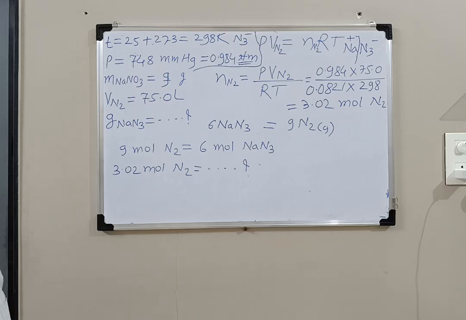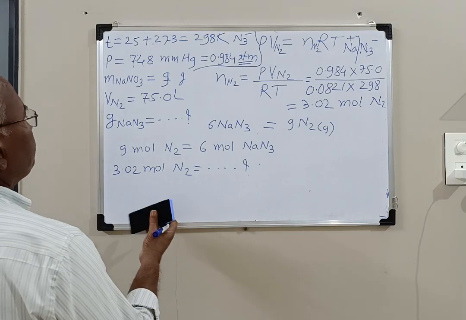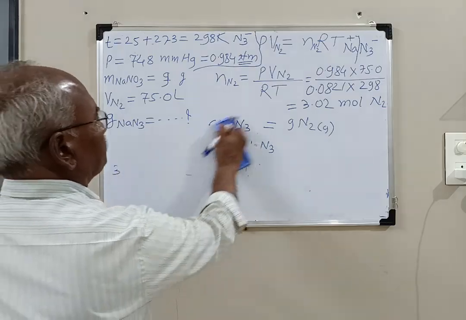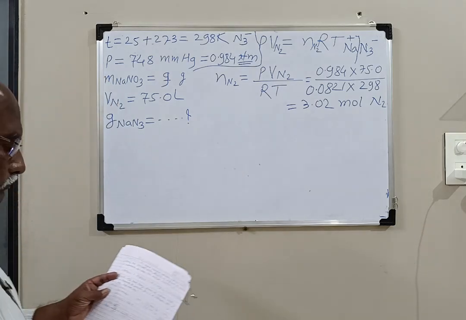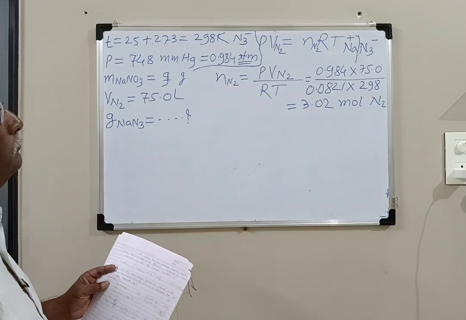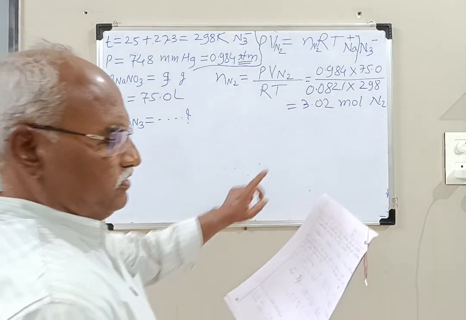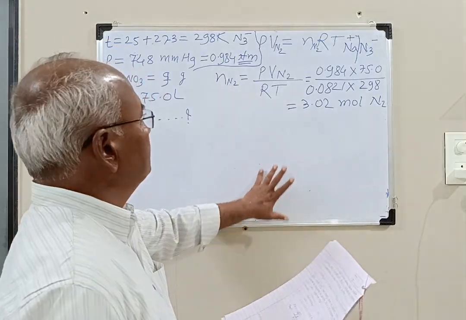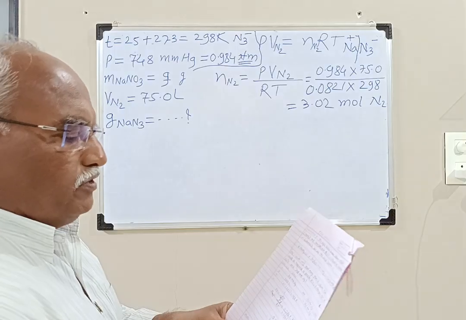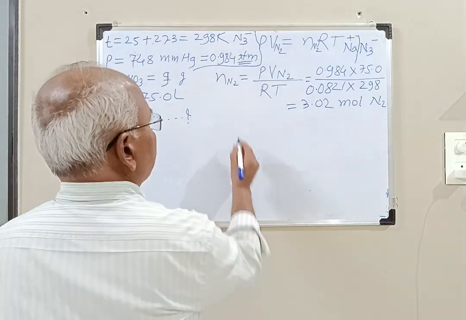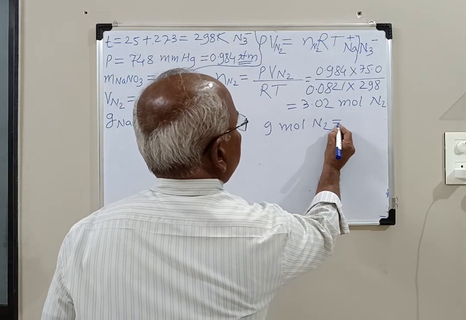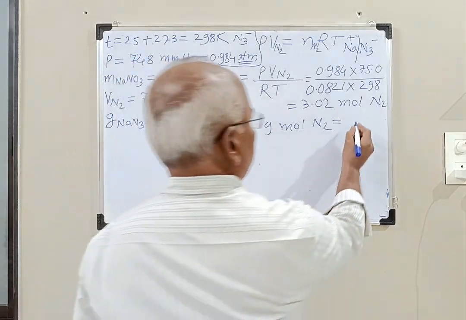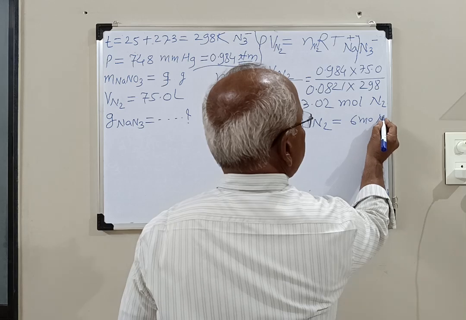Yes, it is 3.02 mole, it is correct. So we are solving, I write once again, 9 mole of N2 is obtained from 6 mole of NaN3.